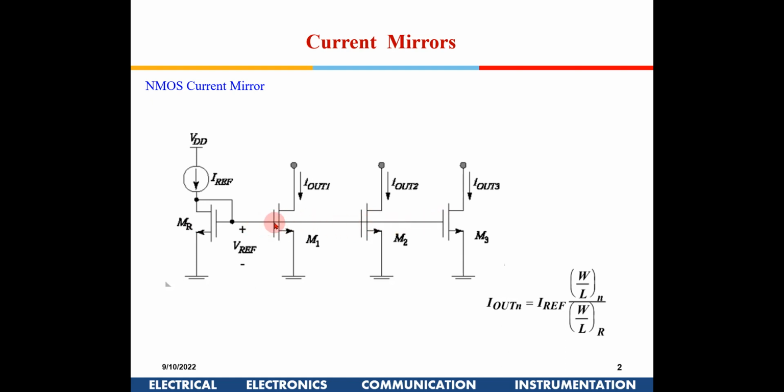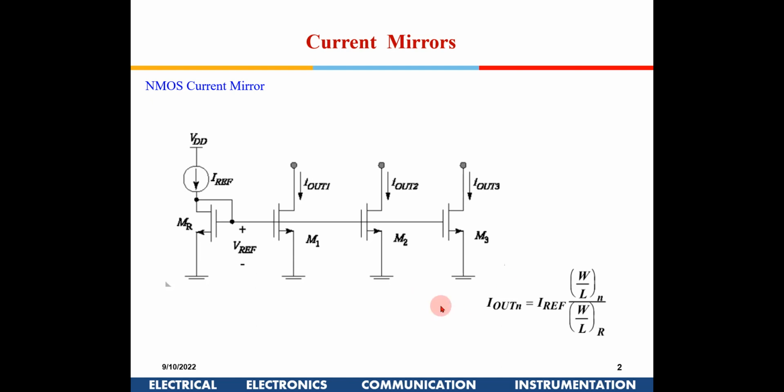No current flows into the gate of these transistors, so the gate is open. It only provides the voltage to each of the gates. So this provides the VGS to M1, M2, M3, and because of that, it creates the biasing at each of I out 1, I out 2.